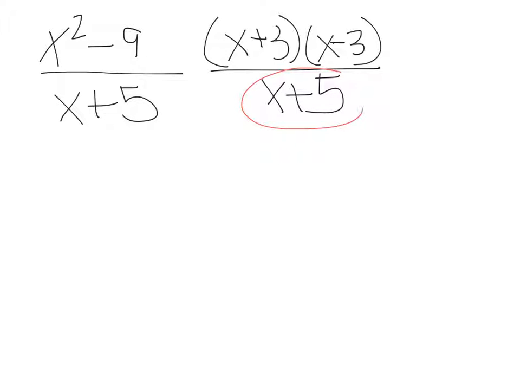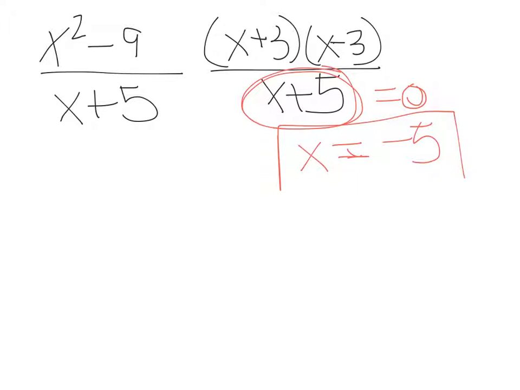So again, this thing right here is going to be the cause of my vertical asymptote. I set it equal to 0, and you're going to get that x equals negative 5. This is the equation of my vertical asymptote. Again, do not put x cannot equal. It is x equals negative 5 because that is the equation of the asymptote.